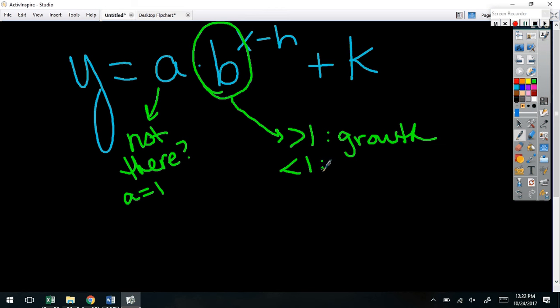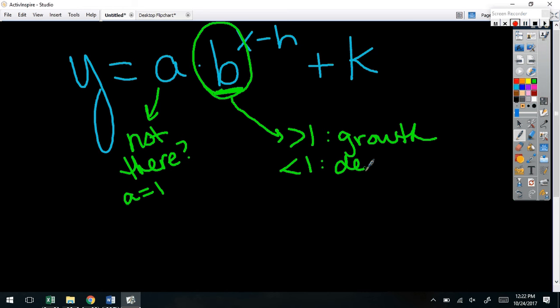And if it's less than 1, and I say less than 1, but it can't be negative, because the A out front would be negative if it was negative. So I'm talking about just this base here. So I'm talking about fractions, right? Fractions less than 1.